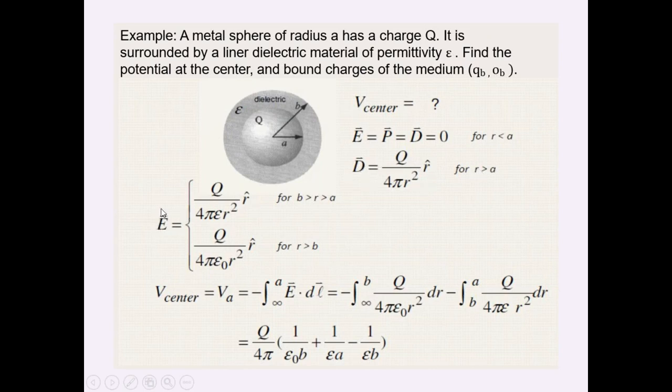Now for the E, we will have Q all over 4 pi epsilon r squared, r hat, for b less than r less than a, which also gives us this. And therefore the center we didn't know about is giving us this, and we obtain our value as this here. So we also have this, and the density is giving us this at r equal to a, and this at r equal to b.